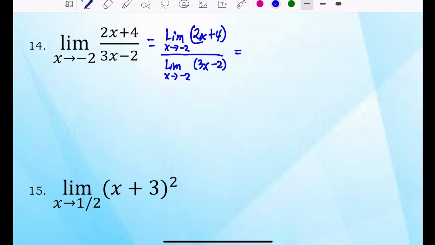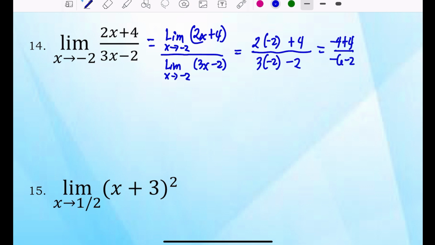The limit of the numerator will become 2 times negative 2 plus 4 over, in the denominator, 3 times negative 2 minus 2. Then simplify. Negative 2 times 2 is negative 4, plus 4 over negative 6 minus 2. So this is equivalent to 0 over negative 8, or equivalent to 0.